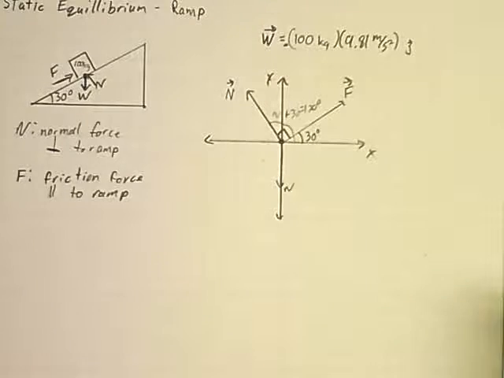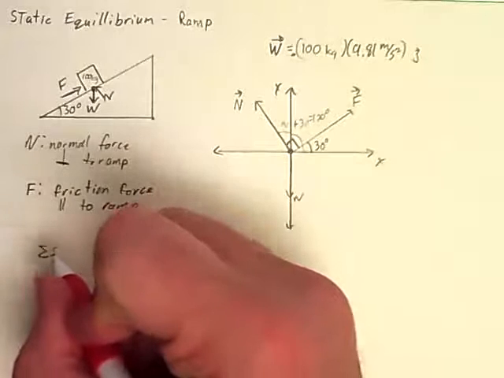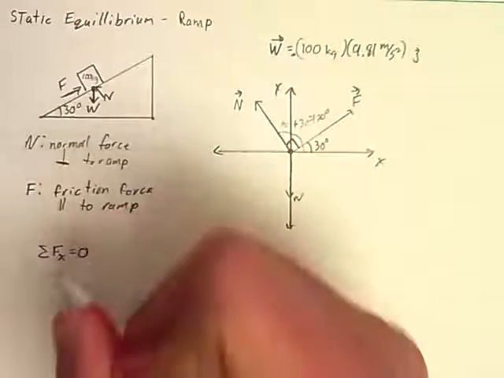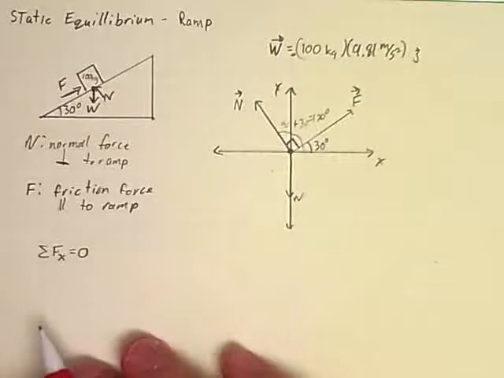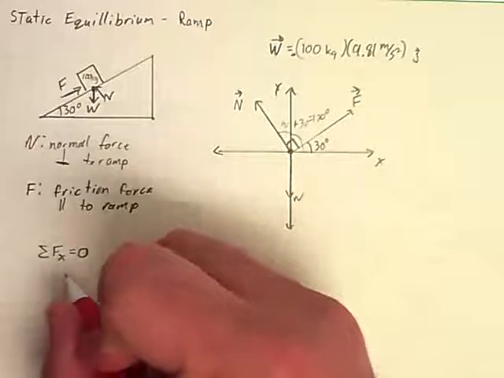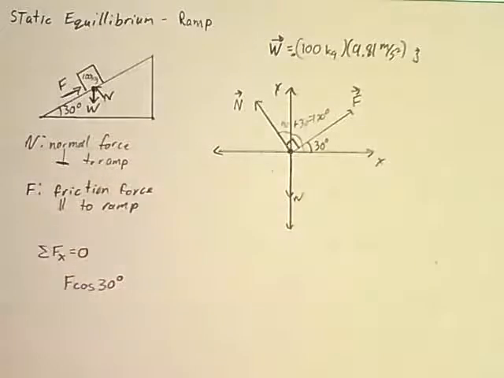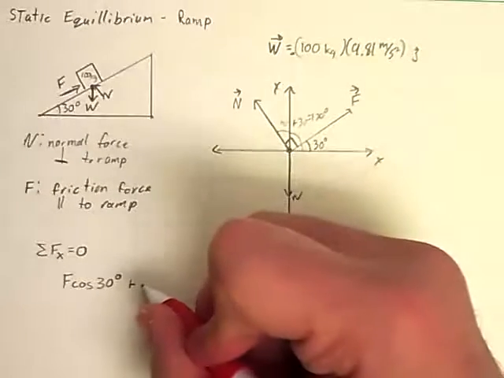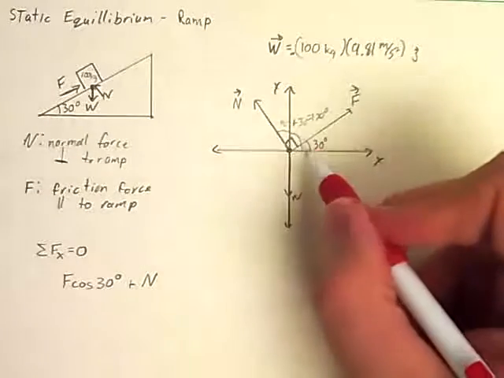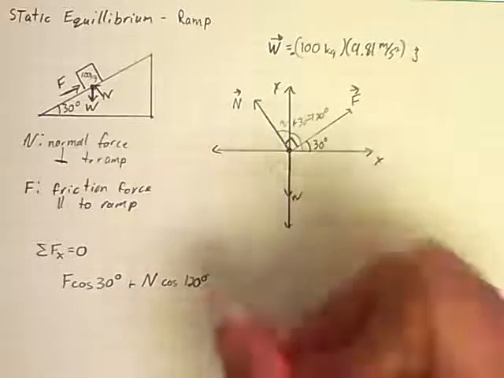Okay, same thing is true for equilibrium. We know the sum of the forces in the x direction has to equal 0. In the x direction, we have F times the cosine of 30 degrees, plus N times the cosine of 120 degrees.